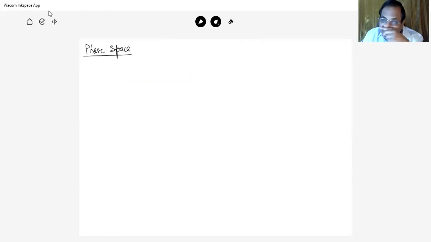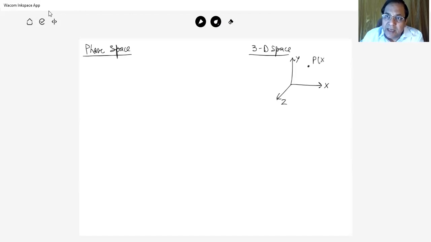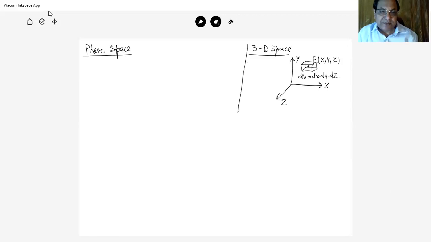Something like we have 3D Euclidean space, where this is X, this is Y, and here it is Z. Any point P can have X, Y, Z, and any volume confining this is represented as dV equal to dx dy dz.